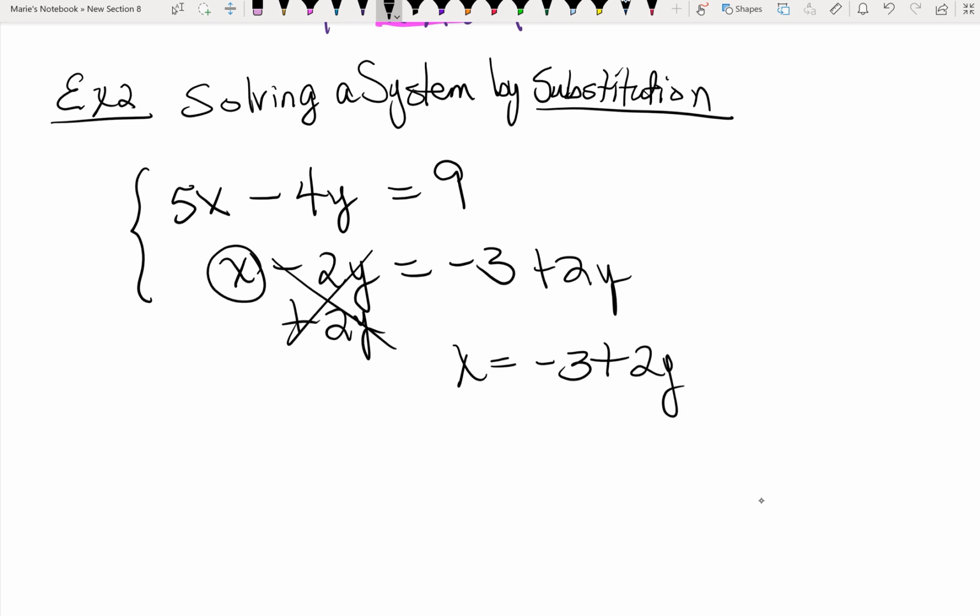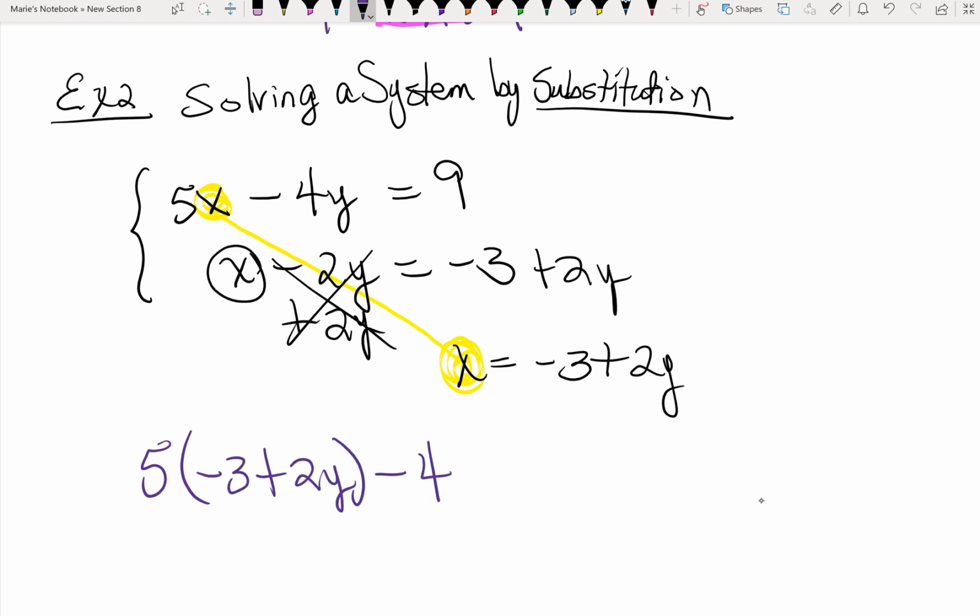It doesn't matter. The idea is that if I'm substituting in x, I'm going to plug it into the original first equation. And so now I have 5 parentheses negative 3 plus 2y minus 4y is equal to 9.